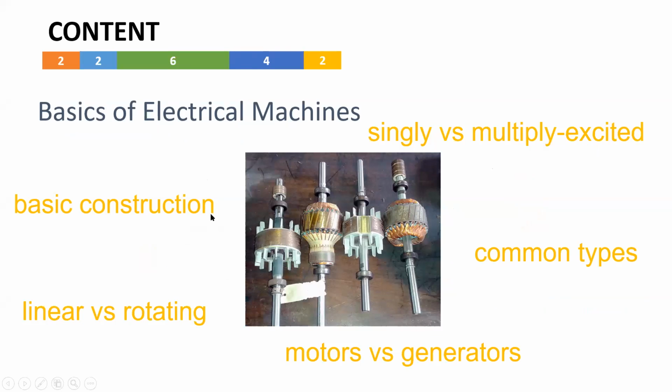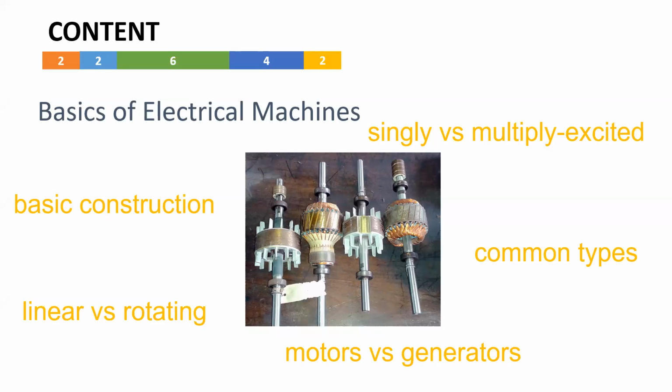So going to the next topic, we're going to spend 2 hours on basics of electrical machines. All the previous things are the machinery principles. Now we are going to discuss the construction, various types, what is linear, what are the different types of motion, like linear and rotating, and what is motor action and generator action. These things we are going to discuss a little bit in detail.